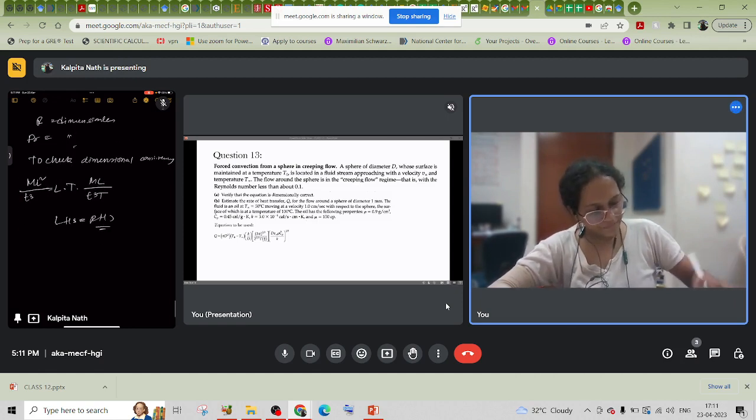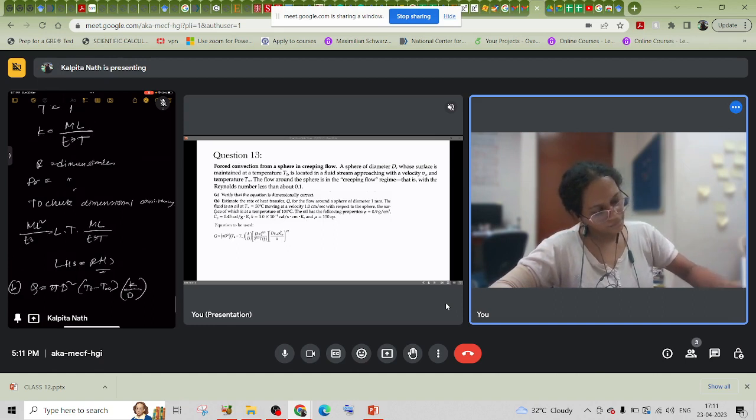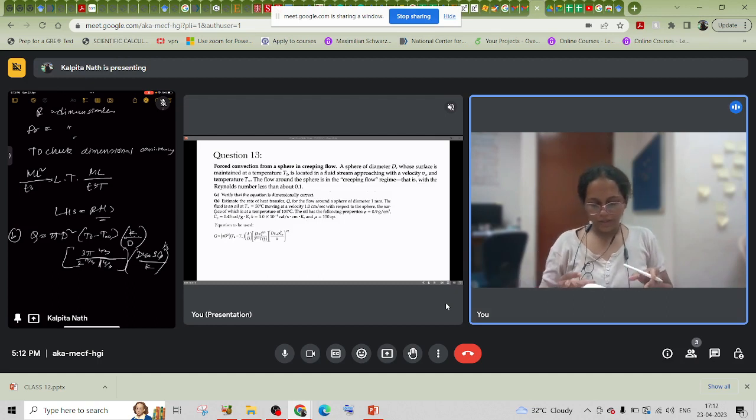And part B. For part B, first we'll write the equation, pi d squared, that is already given, (T naught minus T infinity) k by d, then 3 pi to the power 2 by 3, 2 to the power 7 by 3, gamma 4 by 3, into (d v infinity rho Cp by k) to the power 1 by 3, in terms of the Prandtl number.